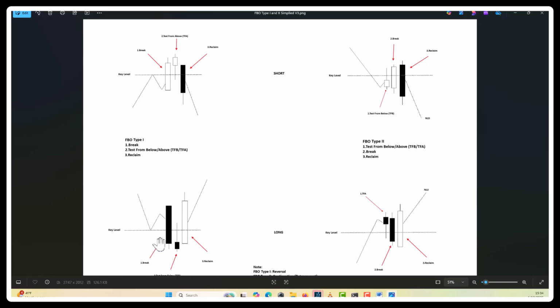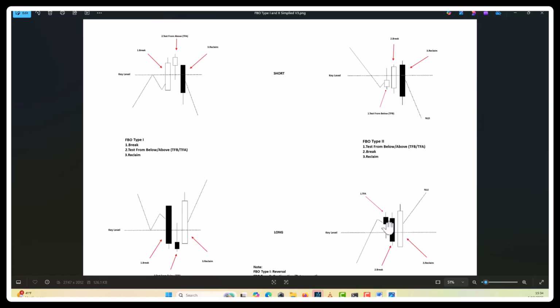In contrast, the long position is similar. It's a break, a test from below, and then it can reclaim or reverse. On the right side is type 2. Type 2 can test first, and you see it's mainly for continuation.